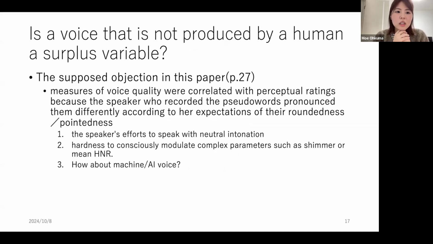Second one is a voice that is not produced by a human as a supplied variable.